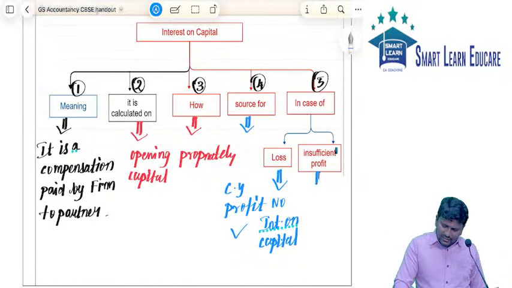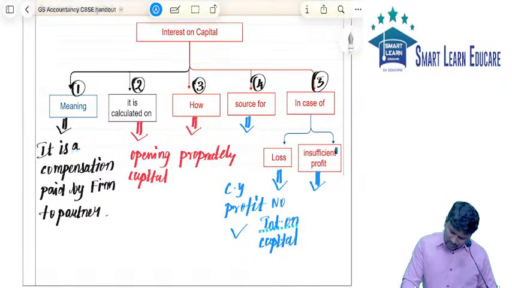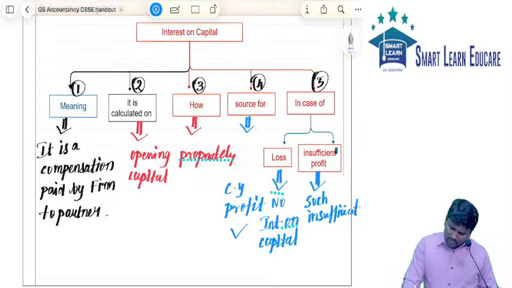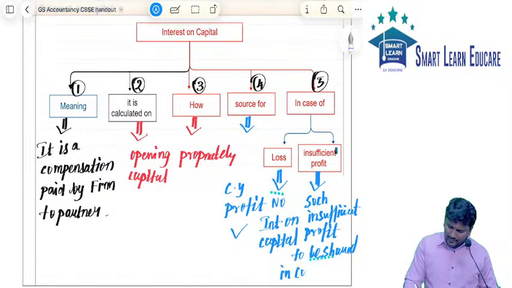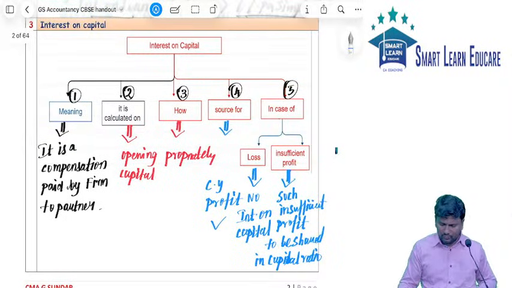In case of insufficient profit, such insufficient profit to be shared in capital ratio.